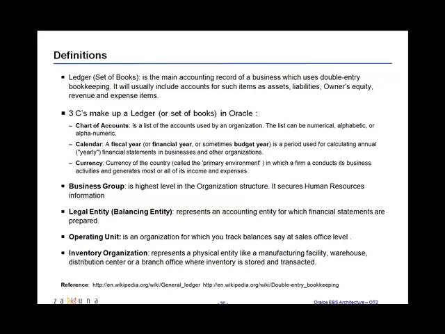Chart of accounts is nothing but the list of accounts used by an organization. An organization would be paying vendors for purchases it has made, collecting monies from customers for the products or services it has provided, and paying salaries and expenses to its employees, or the expenses incurred in the process of its sales.